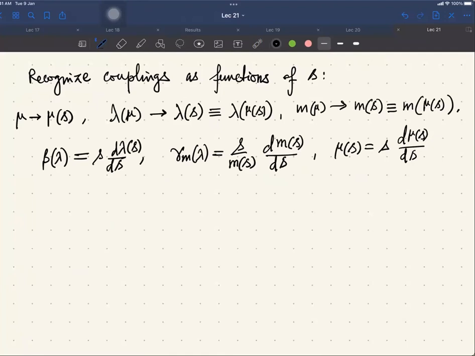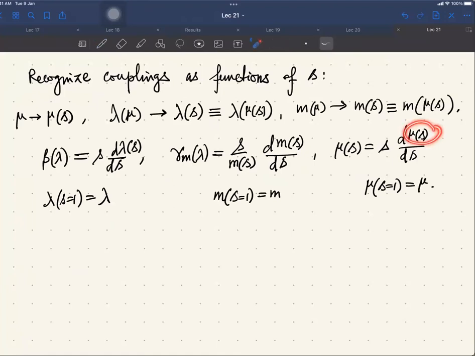Now with the boundary condition that lambda at s equal to 1 is given by lambda, m at s equal to 1 is given by m, and mu at s equal to 1 is given by mu. Because mu as a function of s, mu of s is nothing but s times mu. Okay.